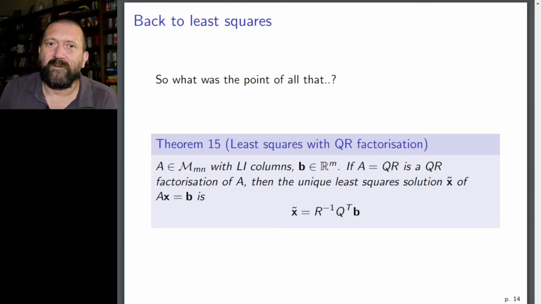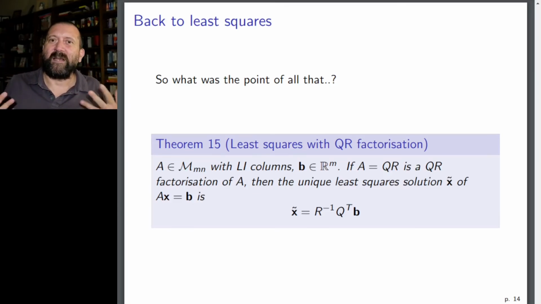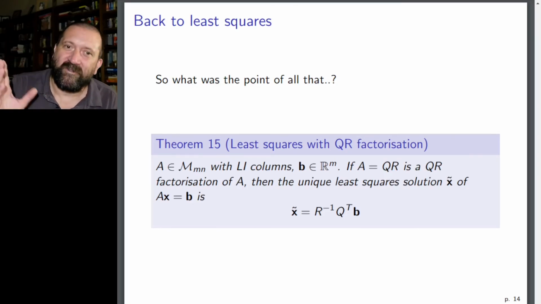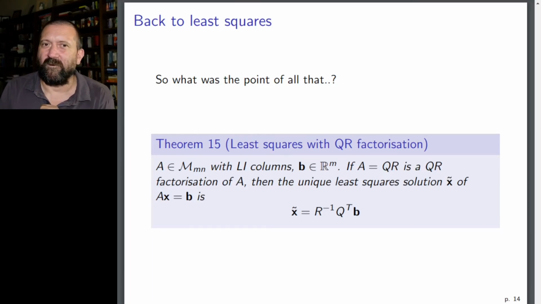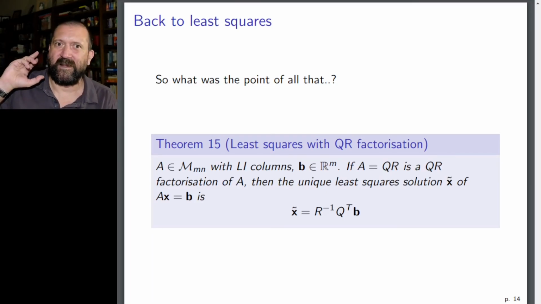So what's the point of all this? Well, if I go back to least squares, the theorem that we had before about the existence of a solution, we can reformulate this way. Let me take a matrix A of size m by n and assume that it has linearly independent columns. If you recall, this means that the least squares problem has a solution and it's unique.